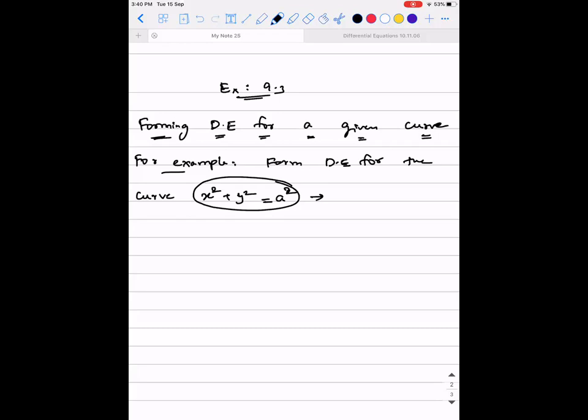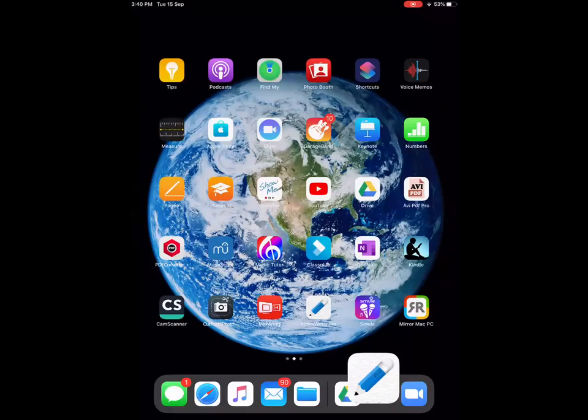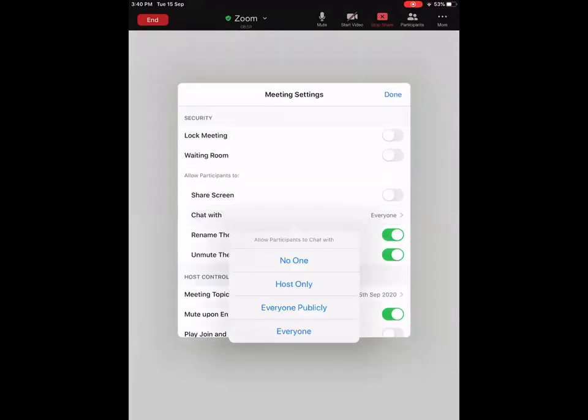Because it has an arbitrary constant, which means the equation will change as you keep changing the value of a. How many arbitrary constants does it have? One. So remember, the number of arbitrary constants present in the question is equal to the number of times we need to differentiate.